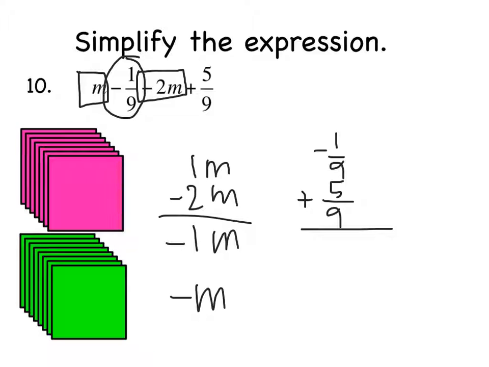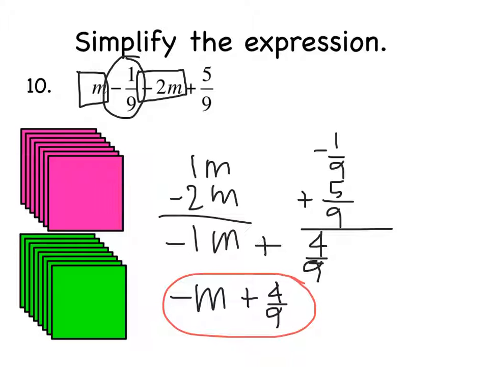I'm going to end up with 4/9. Okay? Now, you could have just typed that into the calculator as well. -1/9 plus 5/9. But either way, my final answer for this is going to be -1m plus 4/9, or you could write that as -m plus 4/9. This is technically the most correct way of writing it, but I would accept either answer.